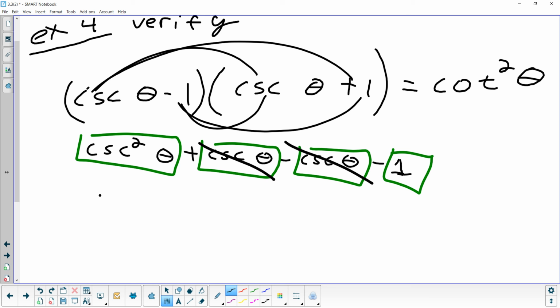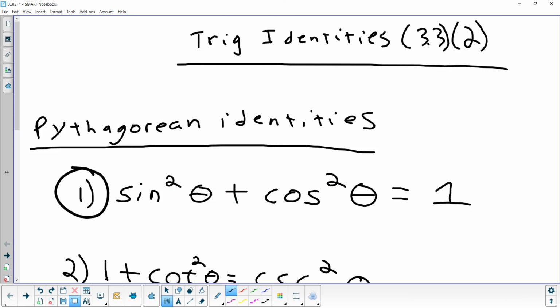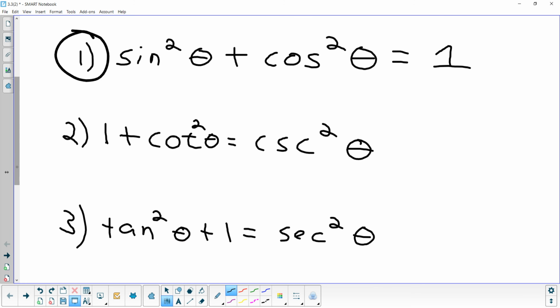So all we're left with now is cosecant squared minus 1. At this point, that's something that you have to recognize. Let's go back. Just remember what that looks like. Cosecant squared minus 1. Does cosecant squared minus 1 look like anything that's up there?